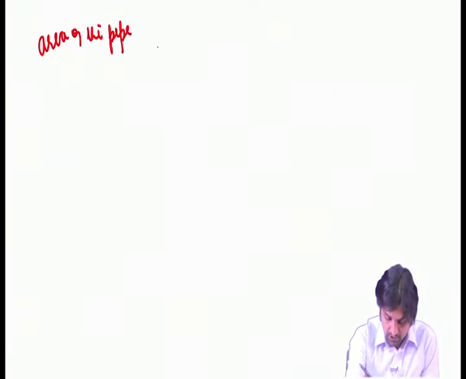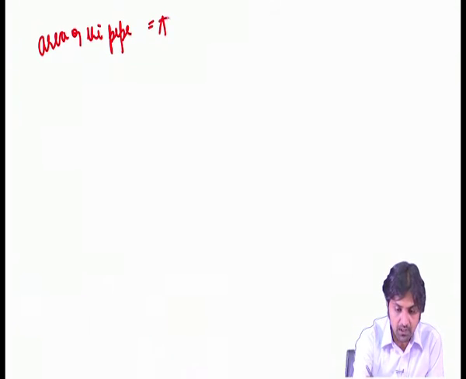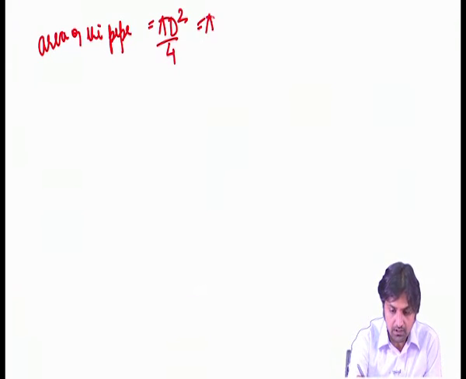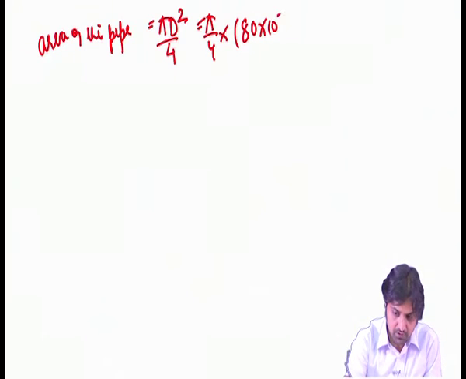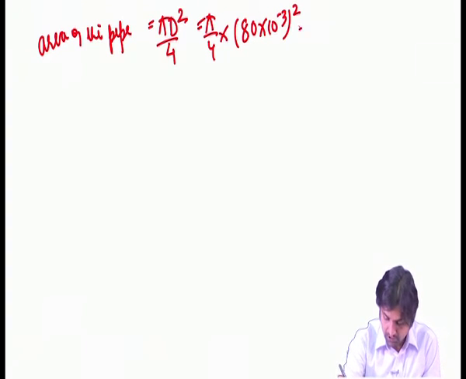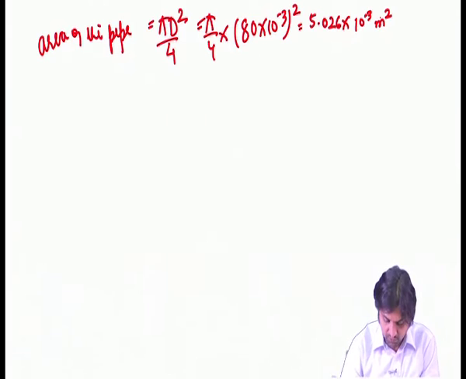Now, calculate the area of the pipe. Area of the pipe is pi d square by 4, that is pi by 4 into diameter 80 into 10 to the power minus 3 squared, and this gives us 5.026 into 10 to the power minus 3 meter square.